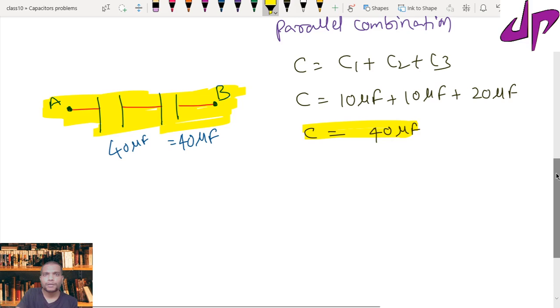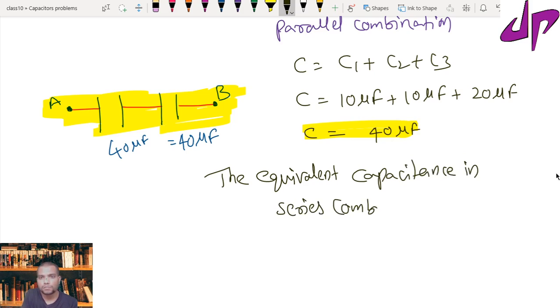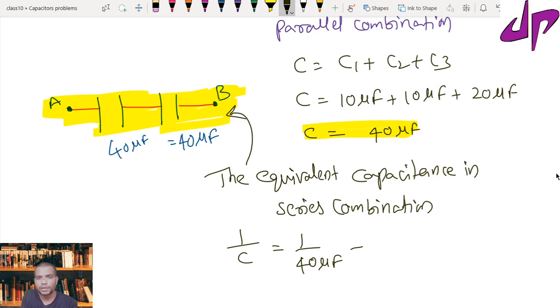Now find the equivalent capacitance in the series combination. In series, 1 over C equals 1 over 40 microfarad plus 1 over 40 microfarad.